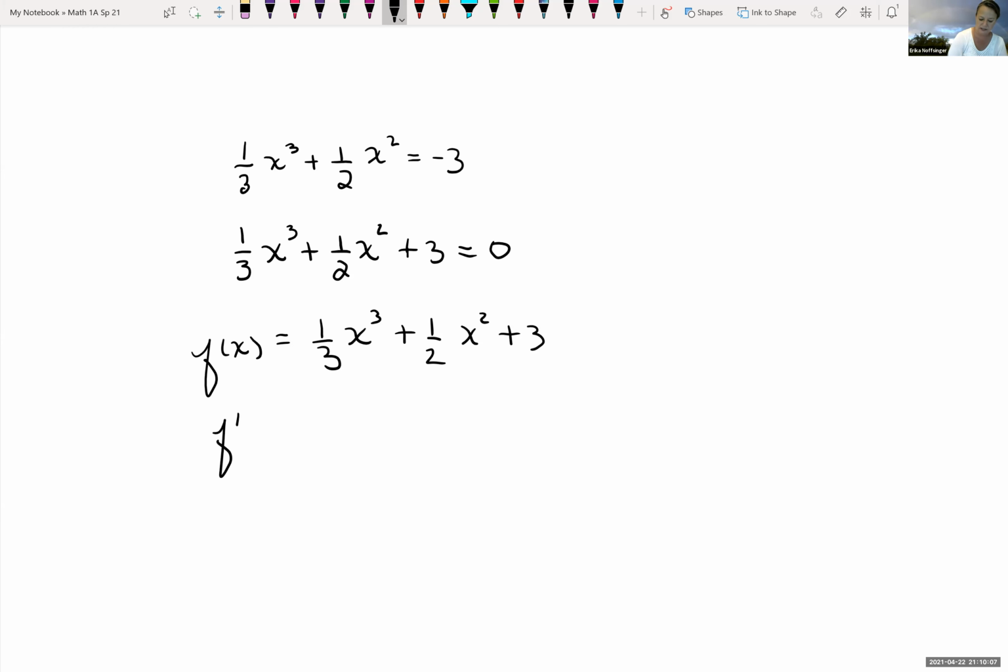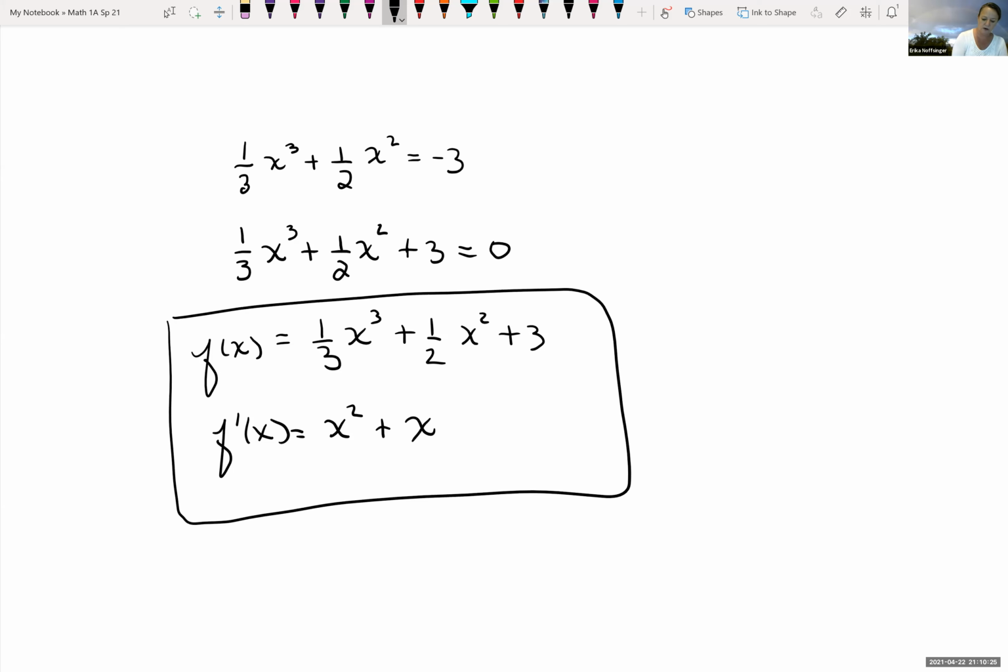Now we can easily take the derivative, which would give us x squared plus x. And if we wanted to find where this was crossing the x-axis, then we would do some sort of a guess. And that's, again, where you need to be careful, because if you don't guess right, then it could be off.